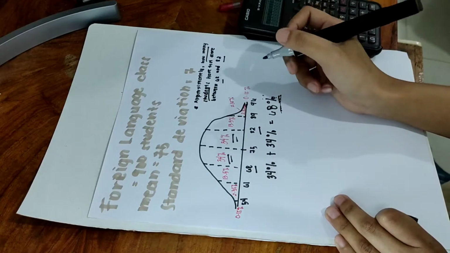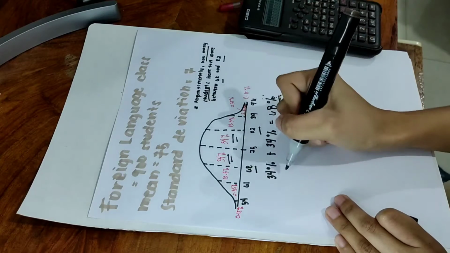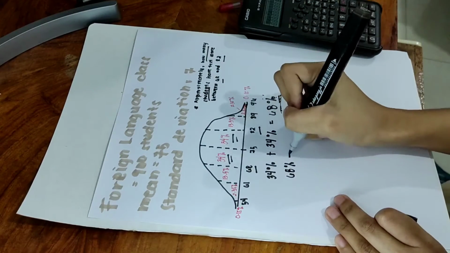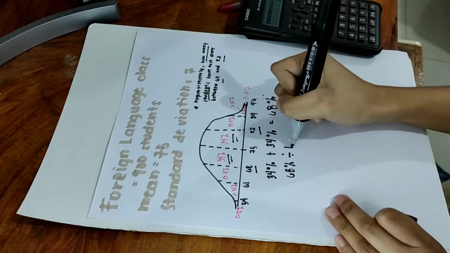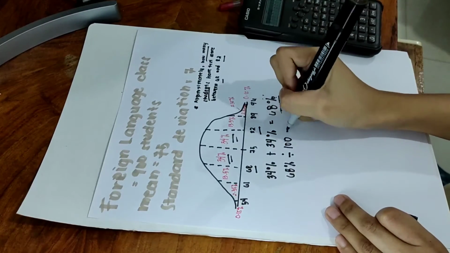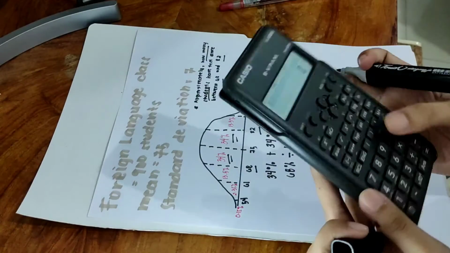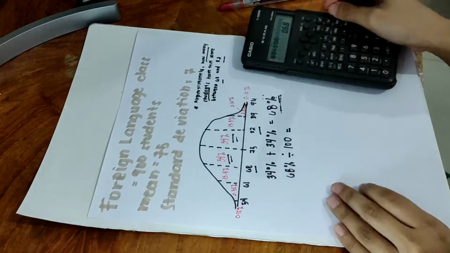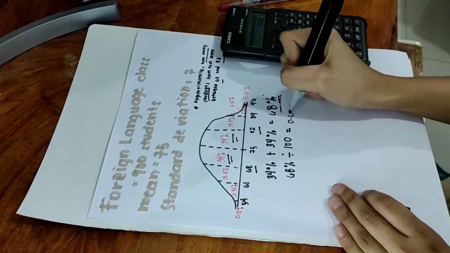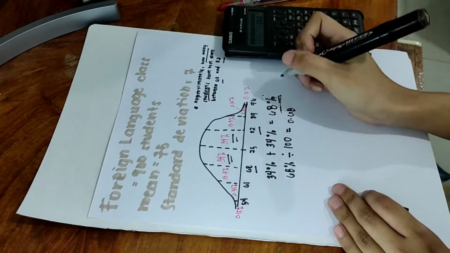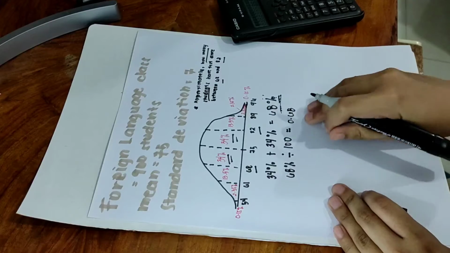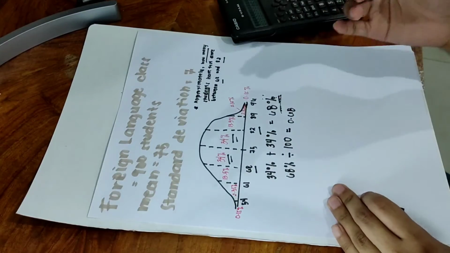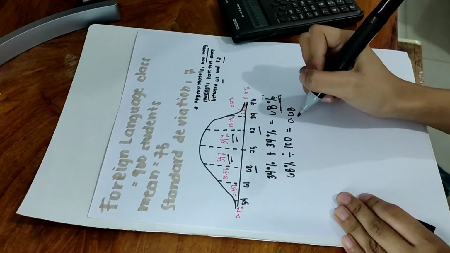So, all you need to do is put 68 here and divide it by 100. 68 divided by 100, you'll get 0.68. And hindi naman ganito lang kaunti yung student, at wala namang student na 68%. So, no, hindi pa ito ang final answer.